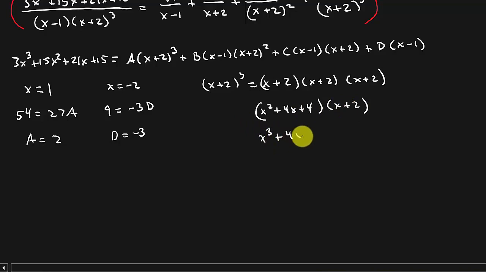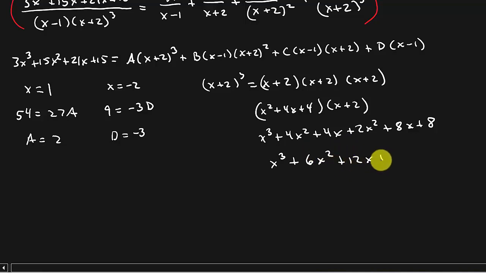So that's x cubed plus 4x squared plus 4x plus 2x squared plus 8x plus 8. And so that's x cubed plus 6x squared plus 12x plus 8.